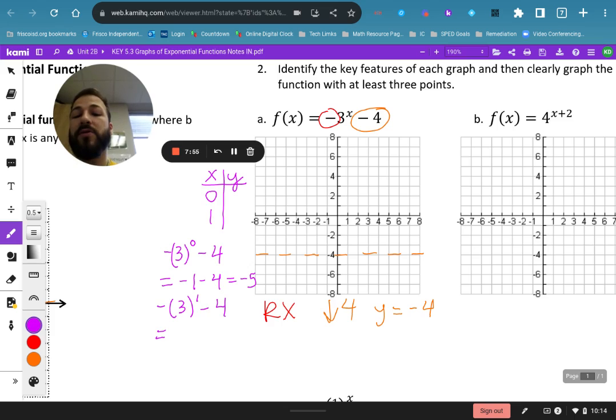That would be equal to negative 3 minus 4, which is equal to negative 7. So that gives me my 2 points, (0, negative 5) and (1, negative 7). I can add those 2 points onto my graph: x is 0, y is negative 5; x is 1, y is negative 7. Now I can see that shape.